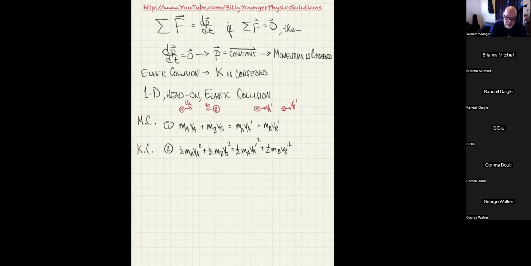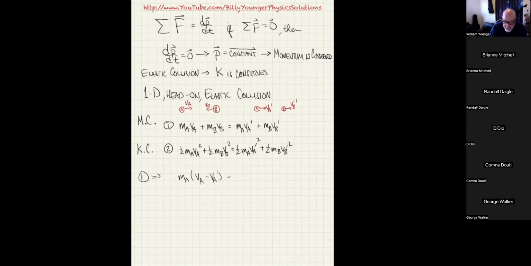Okay. So that's what conservation of kinetic energy looks like. Now, here's a neat trick. What I'm going to do is manipulate equation 1 in a neat way that I know gives me some results. So equation 1 is going to give me MA times parenthesis VA minus VA prime.